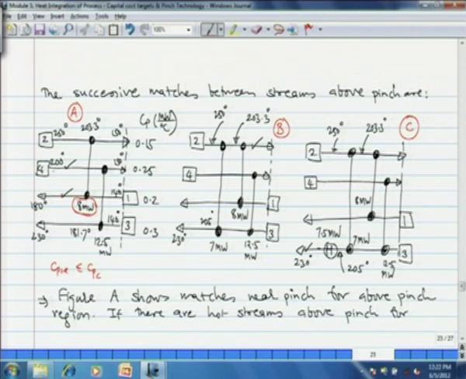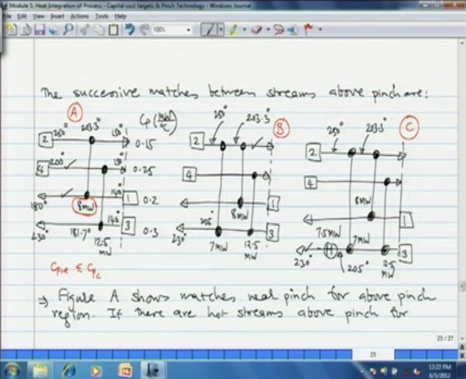Similarly, we can match stream 4 with stream 3, as we just said, due to the CP inequality constraint. The total heat available with stream 4 is 12.5 megawatt, and the heat that is required for stream 3 is 27 megawatt.